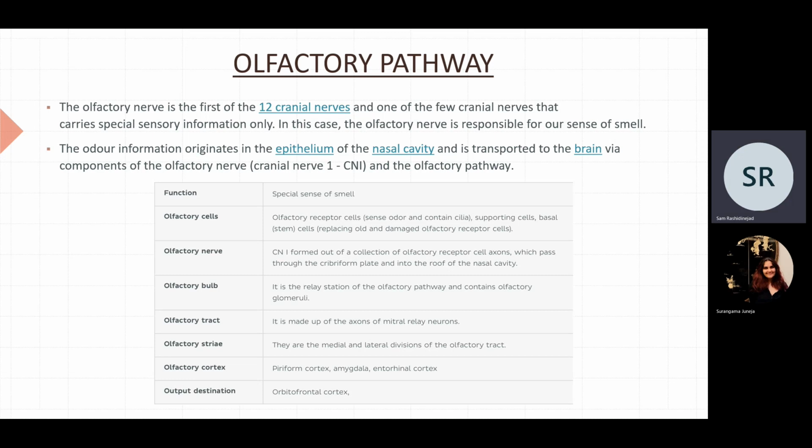Then we have olfactory striae that are divided into medial and lateral striae, which I'm going to talk about later, and the olfactory cortex, where the conscious perception of the smell happens. Next page, please.